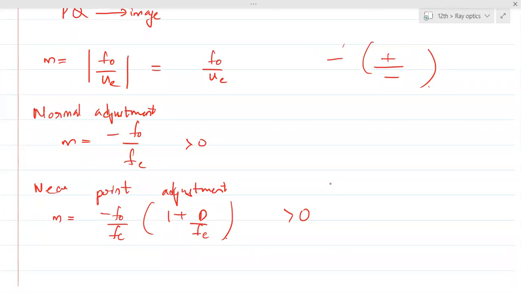Formula doesn't change. The only thing you have to be careful is 1 plus f e by D. My mistake, 1 plus f e by D. The formula doesn't change. The only thing you have to be careful about is the sign. Okay? Okay, then we'll go into a problem.